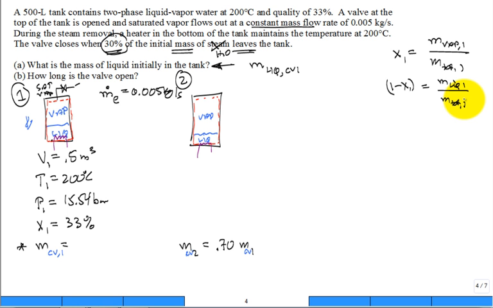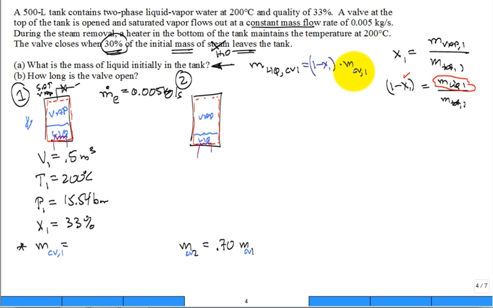So 1 minus x. And so this is really what I'm looking for, aren't I? And I know the quality initially. So what I'm looking for is going to be the product of 1 minus the initial quality times the mass total in the tank to start with.